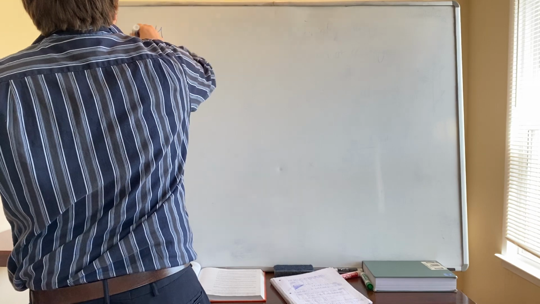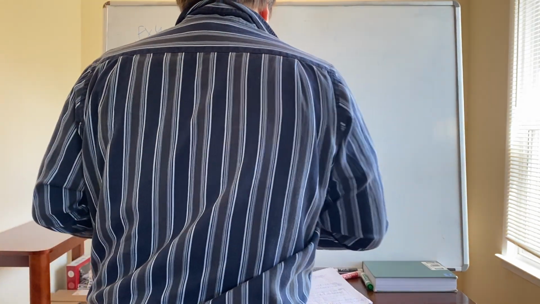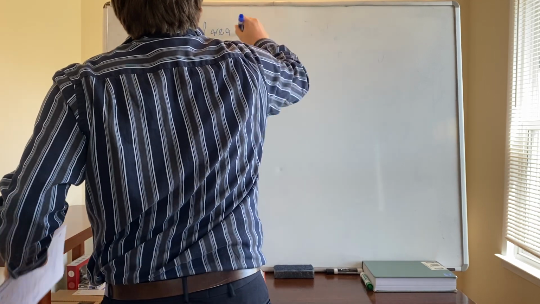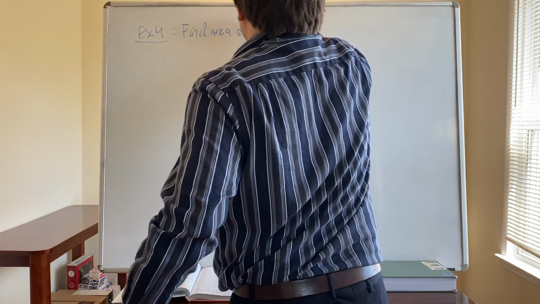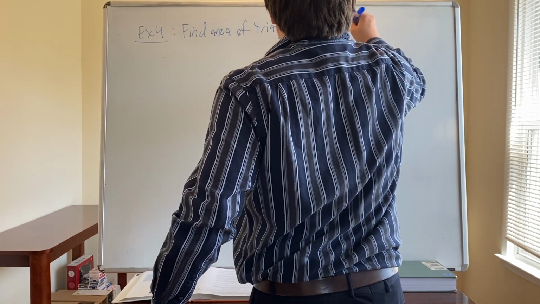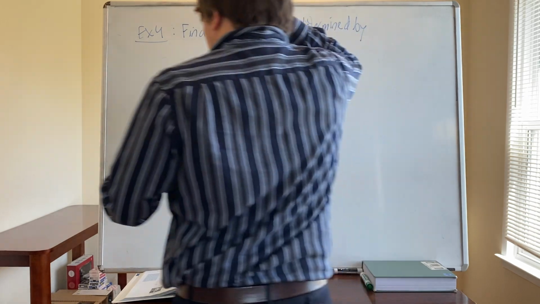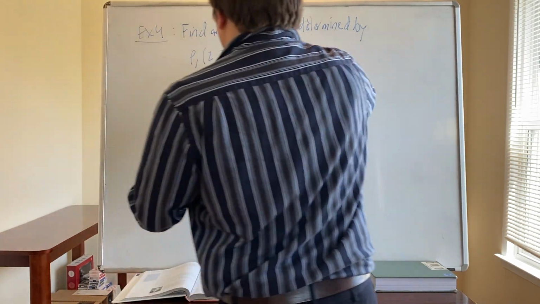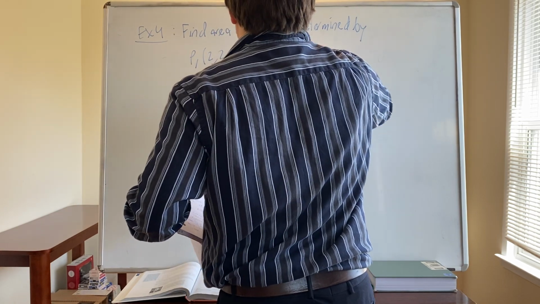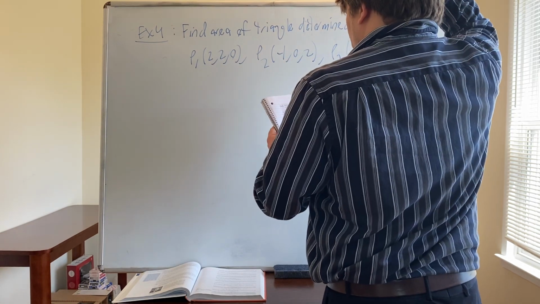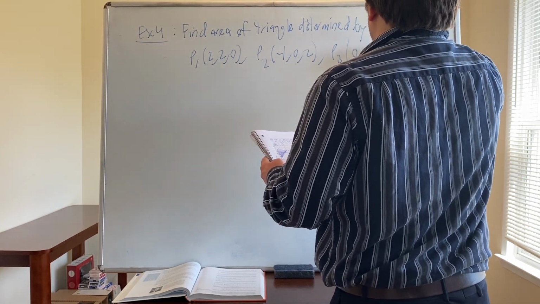Okay, so in example 4, we're going to use that theorem to find the area of a triangle. Find the area of the triangle determined by P1 (2, 2, 0), P2 (-1, 0, 2), and P3 (0, 4, 3).